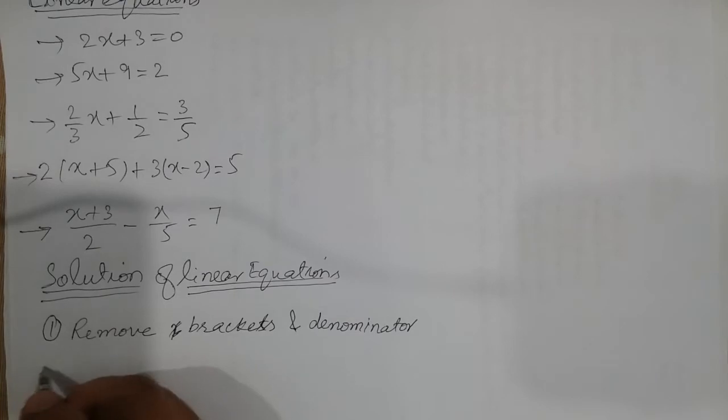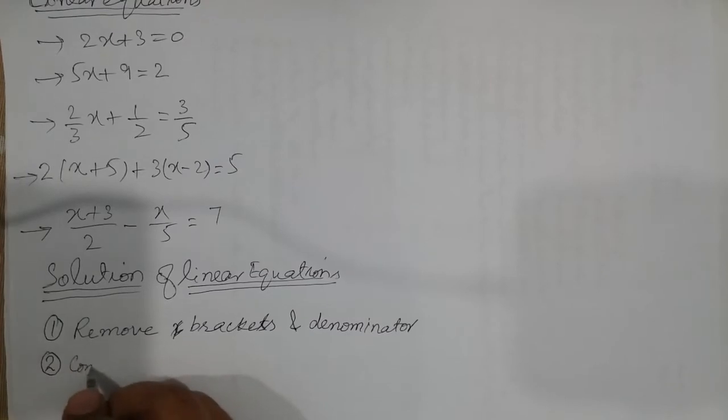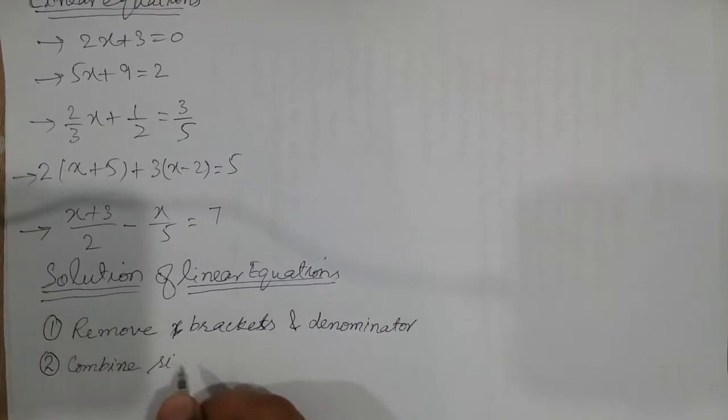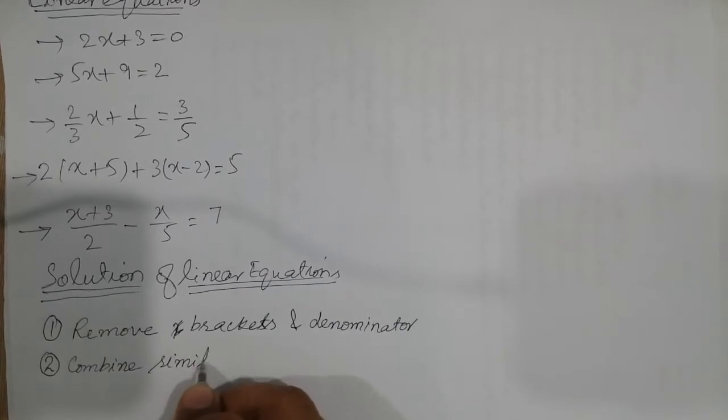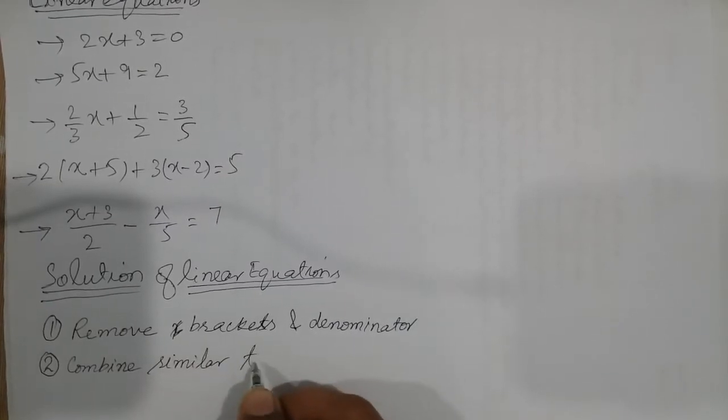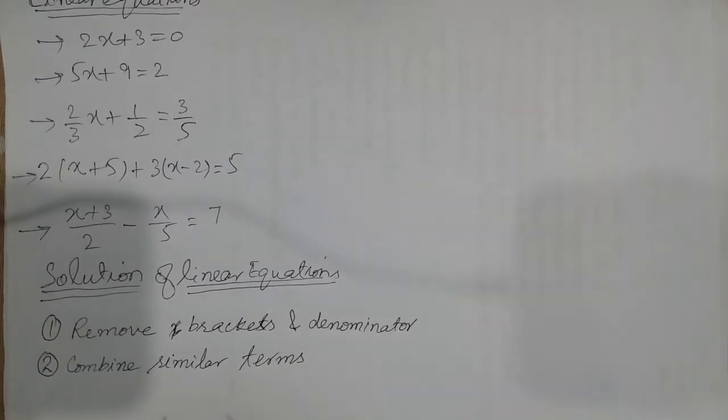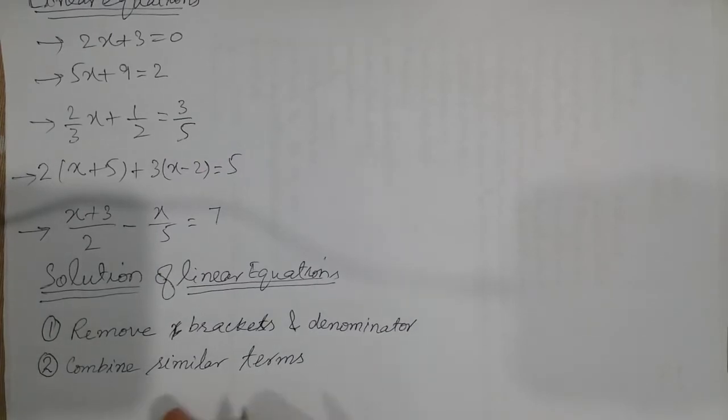And the second one is combine similar terms. We have to combine similar terms, means the terms involving variables will be written on one side and constants will be written on the other side.